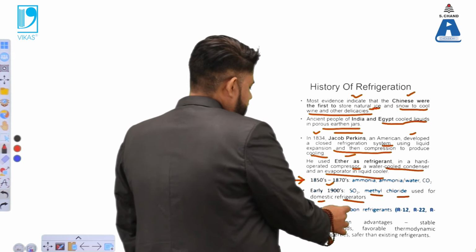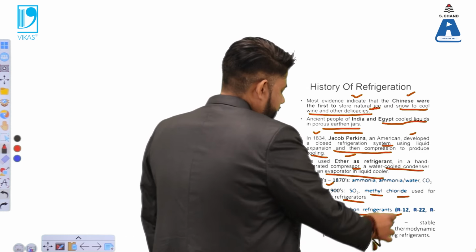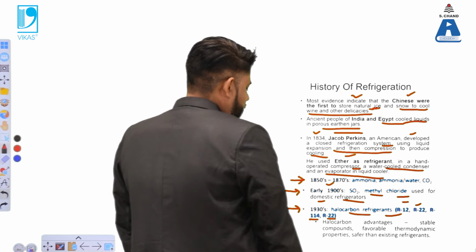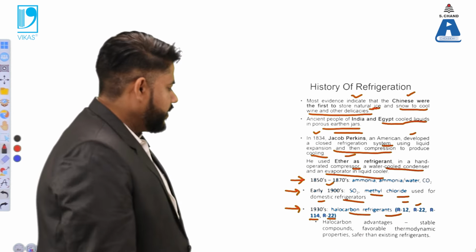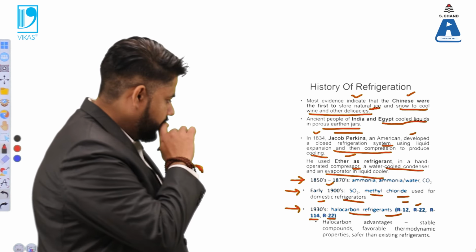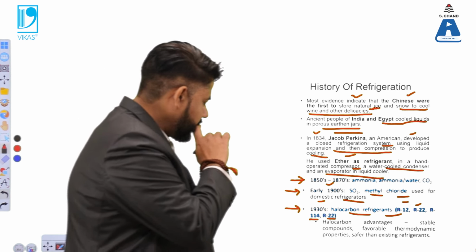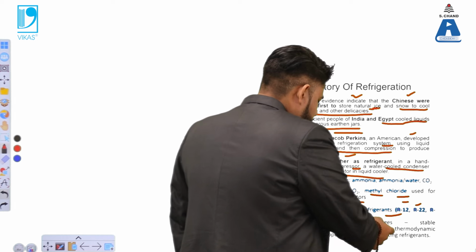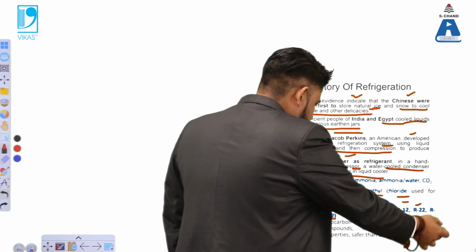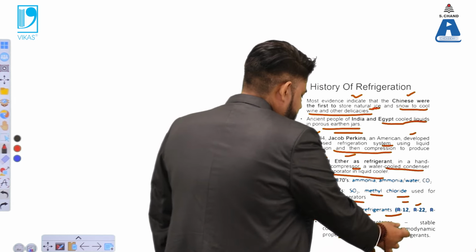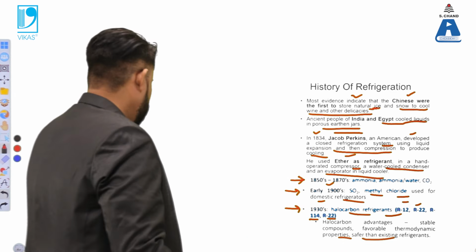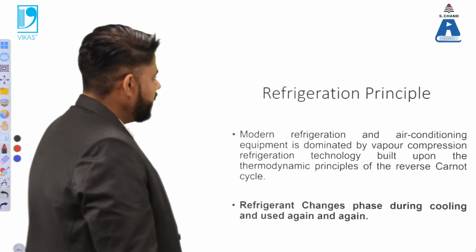And in the 1930s, halocarbon refrigerants, namely R12, R22, and R114, came into use. Their advantages are that they are stable compounds, they have favorable thermodynamic properties, and they are safer than the existing refrigerants. So this is particularly the history of refrigeration.